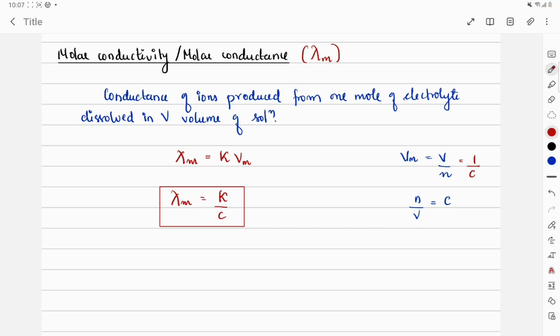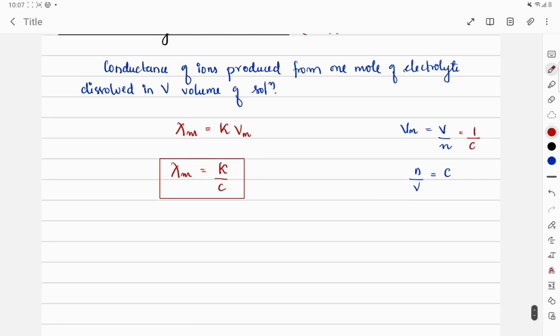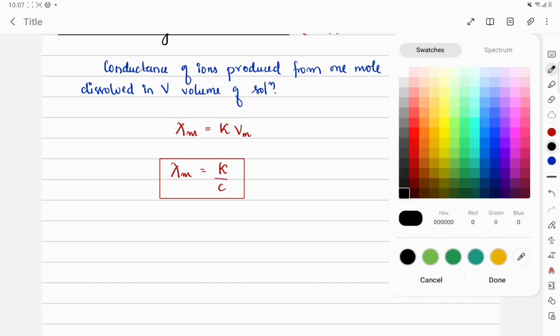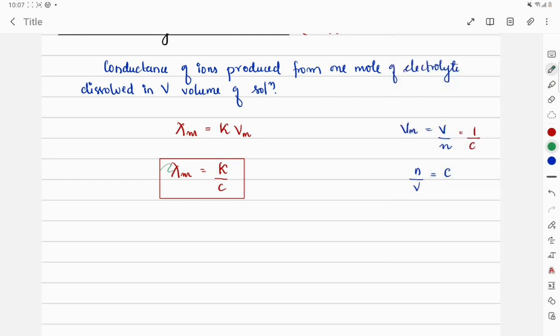This is a bit of a tricky equation because you can use it directly only for SI units. When the unit changes, you have to make certain changes to this equation, as we do in many problems. The unit for lambda m is Siemens meter square mole inverse.